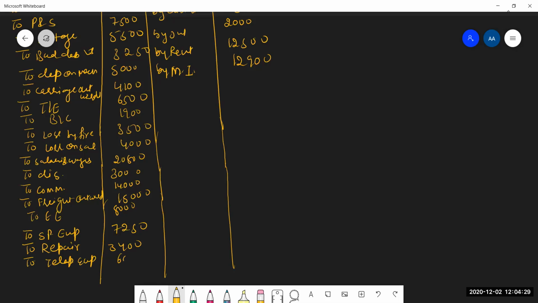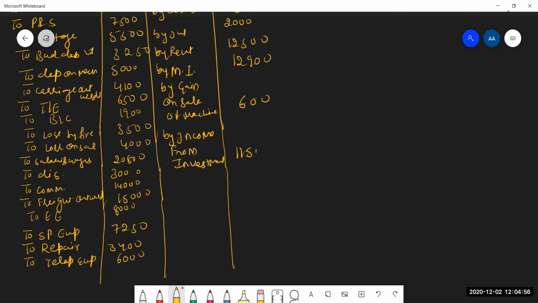Then gain on sale of machine. It is an income, by gain on sale of machine, 600. Then finally the last item, by income from investment.